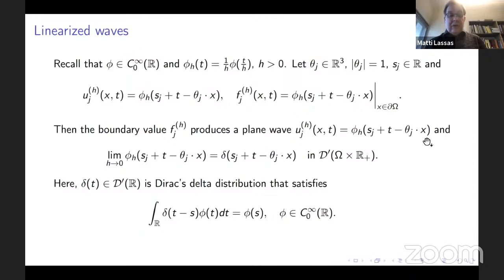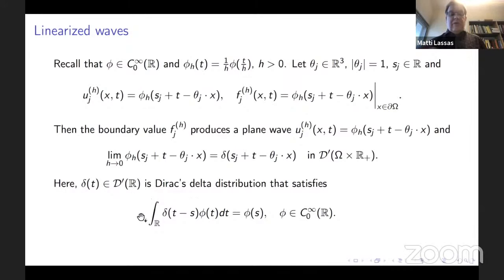And now is the important point. When h goes to 0, then these plane waves go to a delta wave. Here we have a delta distribution. I was told that the audience contains both undergraduate students and senior researchers, so I recall some of these concepts. The delta distribution is recalled here. It is like a measure or generalized function.